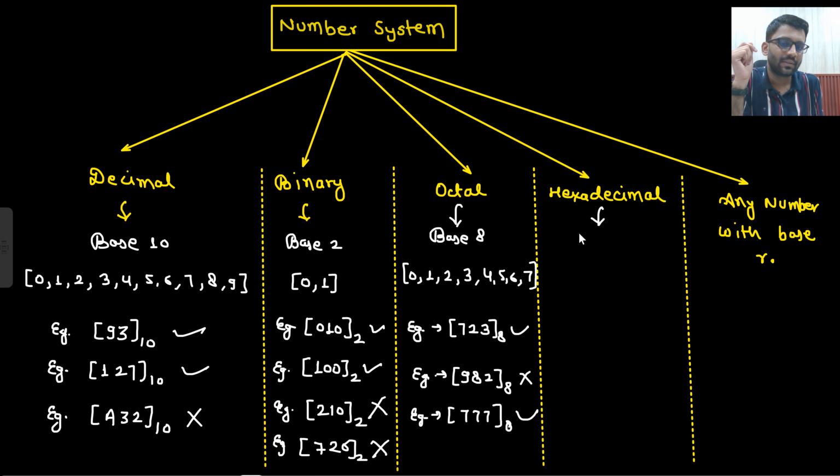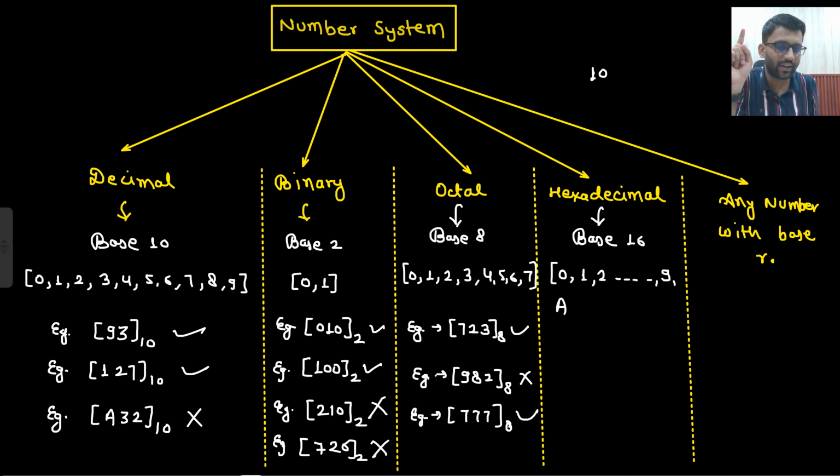Hexadecimal means base 16. What do you mean by base 16? From 0, 1, 2, 3, 4, 5, 6, 7, 8, 9 till 9, and then 10 will be there, but we cannot write 10 because 10 is made from 1 and 0 only.